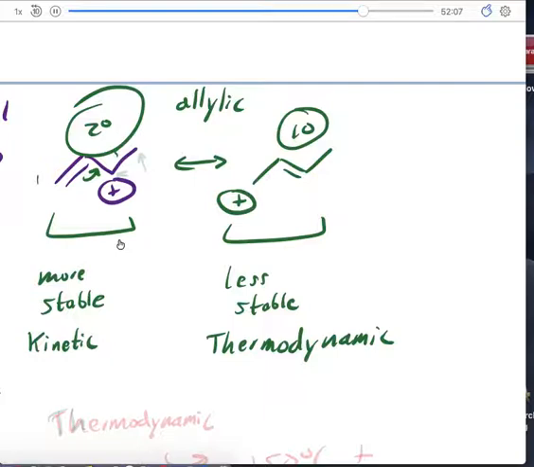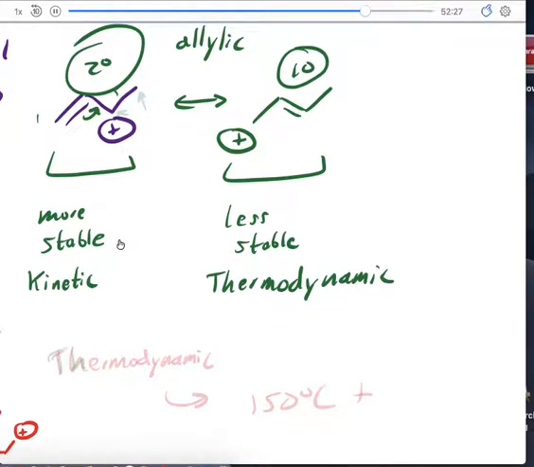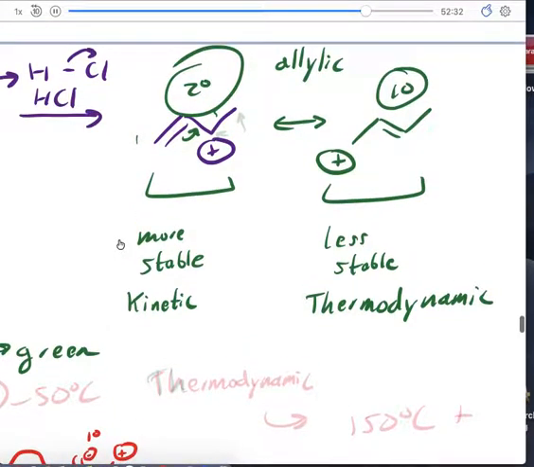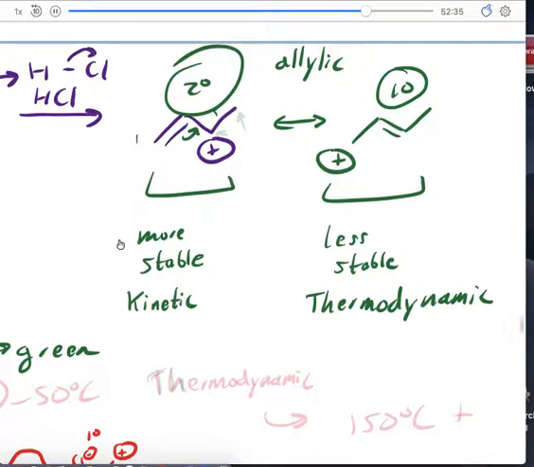You mean if we go back this way? You mean like move it here? Well, yeah, but that just transforms it back into the other one. If we flip this bond over here, yeah, you're right. We do get the secondary carbocation out of it, but it becomes the other intermediate.